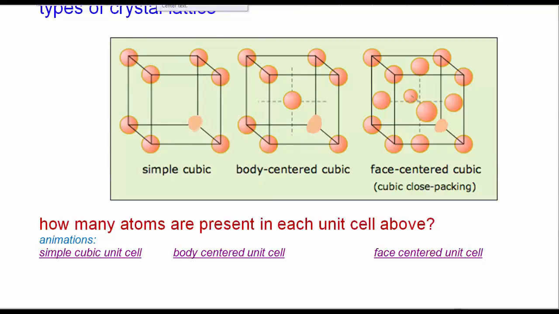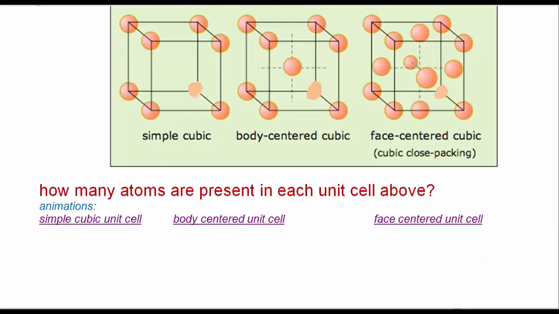So how many atoms are contained in each unit cell? Well, there's 1/8 at each corner. That goes for all of these, right?